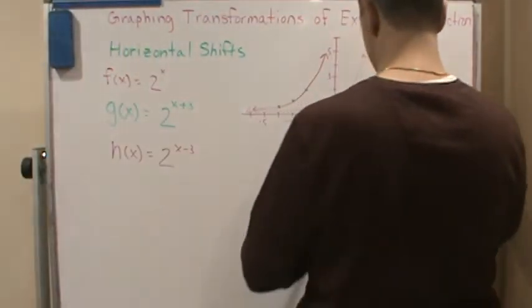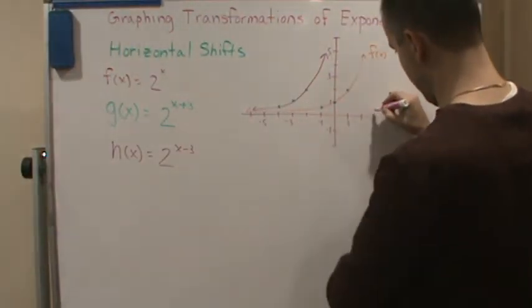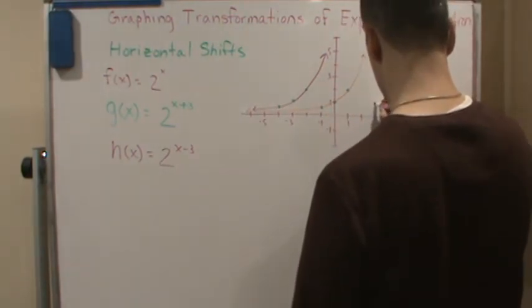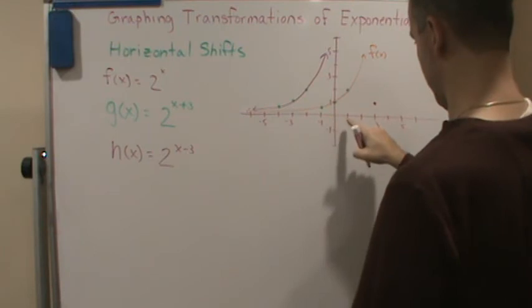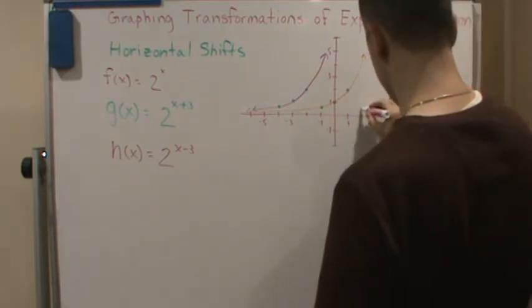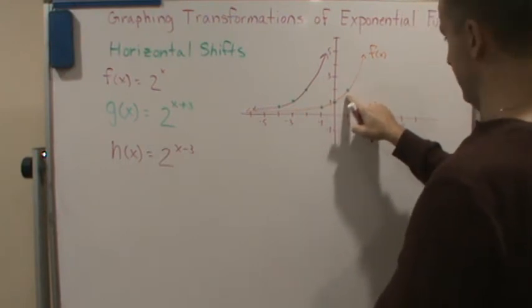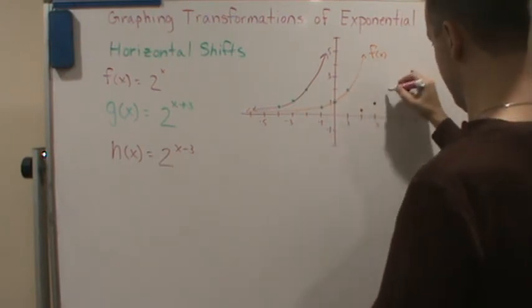So that means my points are going to move here. And then this is going to move 3 units here. And then this point here is going to move 3 units to the right, which is going to be here.